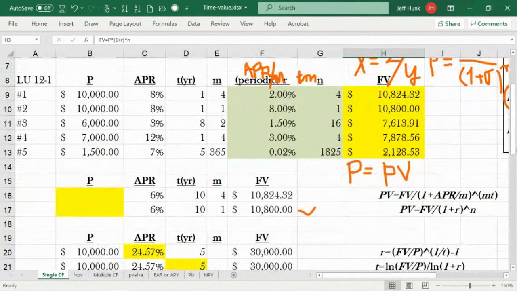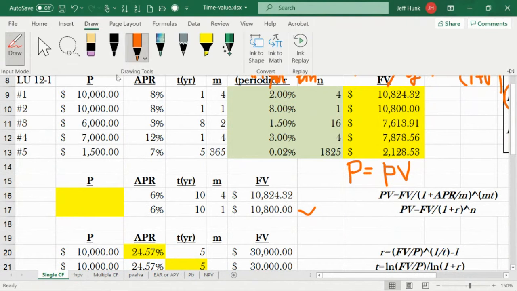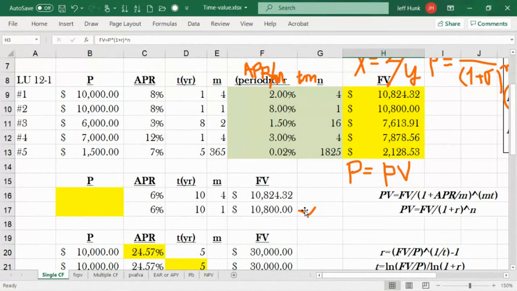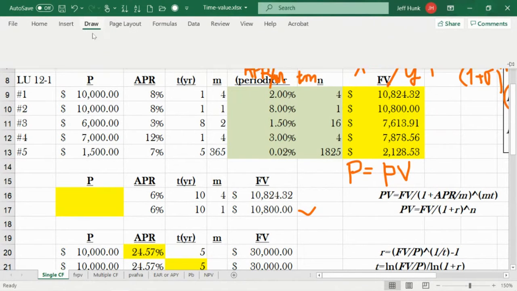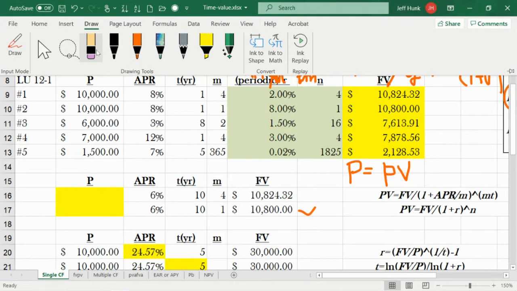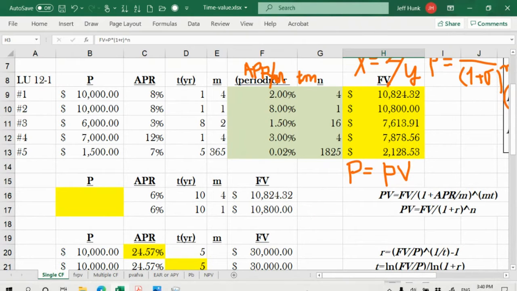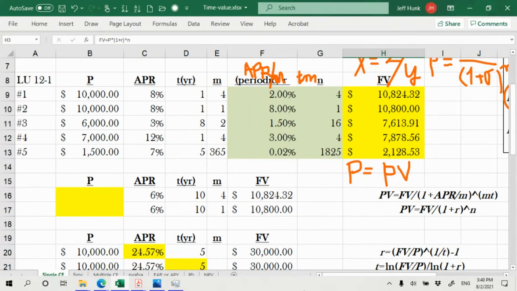Also, think about it. If you have a bond that's going to mature in 10 years, and in 10 years it's going to give you 10,800, and someone is asking you to sell that bond, and you need cash, you can't wait 10 years.